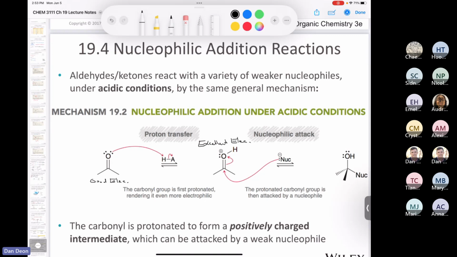And I just went over the reasons why when you protonate it to form the oxonium. This is what we call an oxonium. You end up with something that's a much stronger electrophile, and so it's now even more susceptible to nucleophilic attack. You don't even need a strong nucleophile in this case. And so it can even be attacked by a weak nucleophile, and an example of that would be something like an alcohol or water.